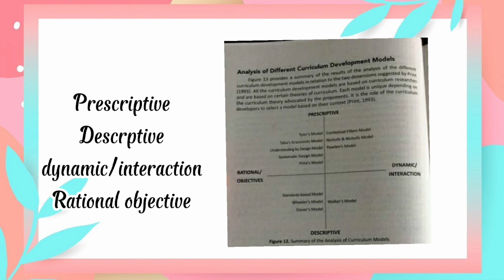Fourth, models should be based on curriculum theory. Fifth, each process in a model should specify areas where curriculum decisions are made. Sixth, each model should reflect the major phases of curriculum development: planning, design, implementation, and evaluation. It is also important that each model should be applicable in various contexts.